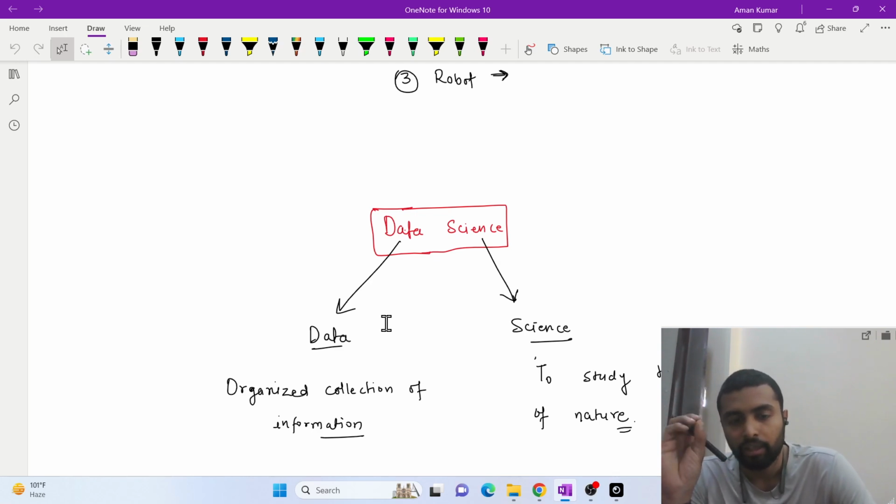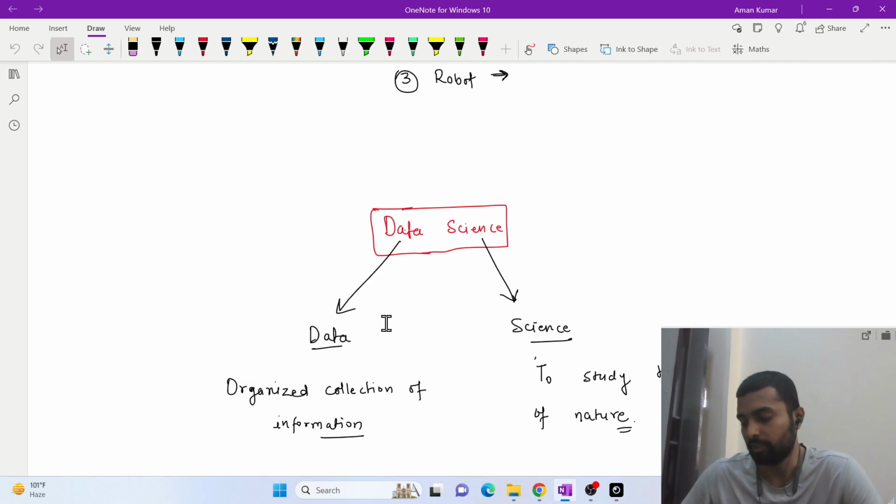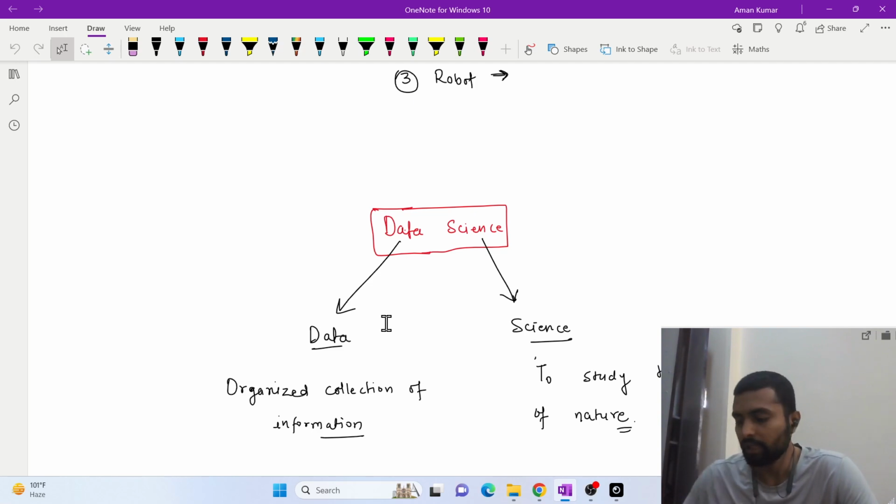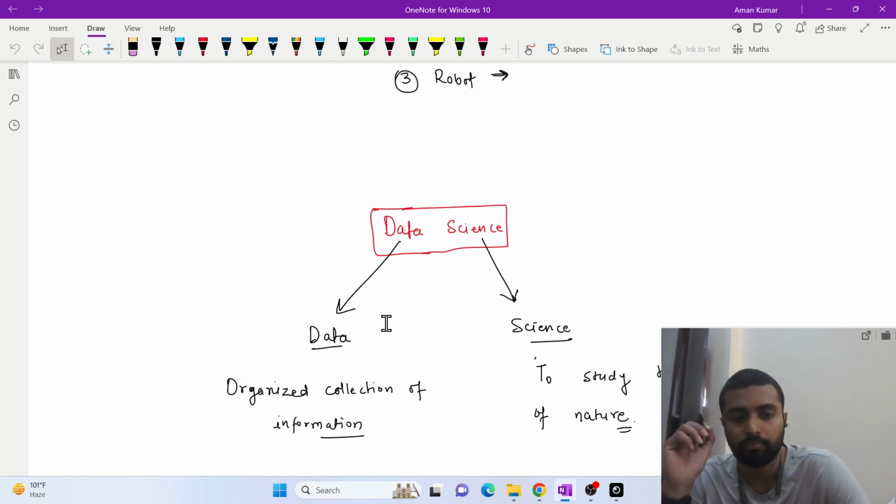So what do you mean by data? What is the meaning of data? Data is nothing but an organized collection of information. Data means organized collection of information.